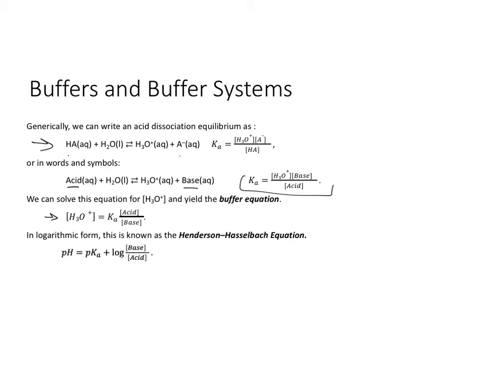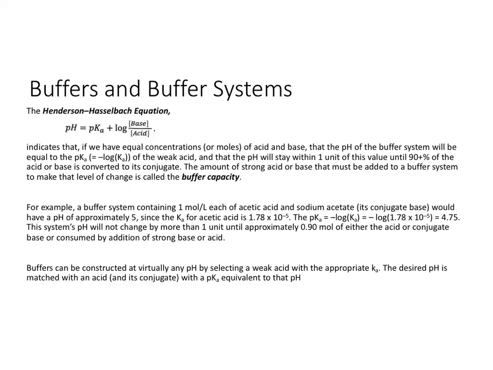Now notice, the larger the acid, the larger the hydronium is going to be. So more acid, and that makes good sense. The more base we have, the smaller this is, so the more base, the less acidic it is. If I take the p function of both sides, we get the Henderson-Hasselbalch equation.